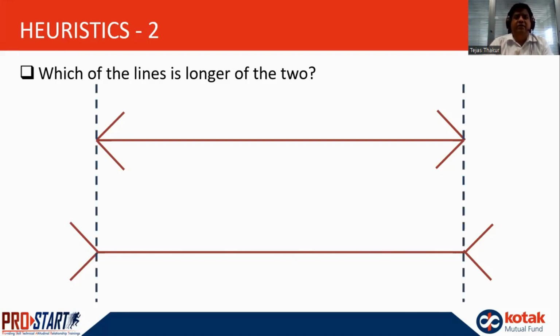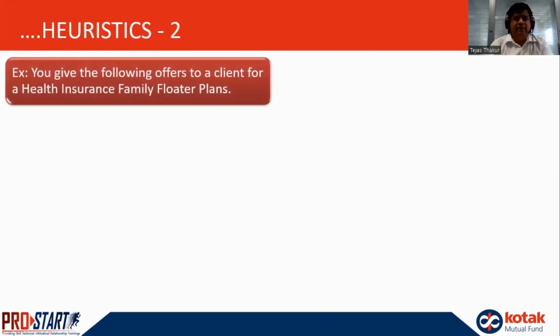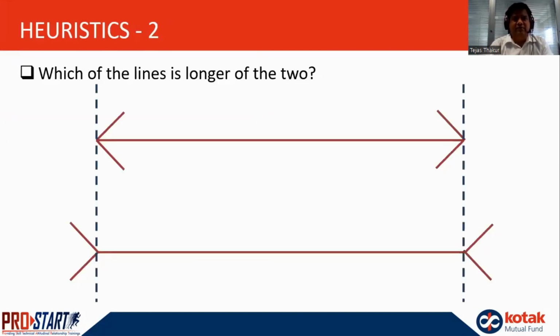Let's have a look. Both the lines are exactly equal. So why is the lower line appearing to be longer? Because it is represented in such a way that it should look longer. In normal language, this is known as optical illusion. In our language, that is the behavioral finance language, what is it known as? Okay, we'll come to what is it known as slightly later.